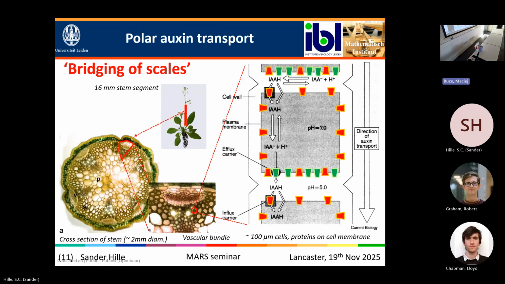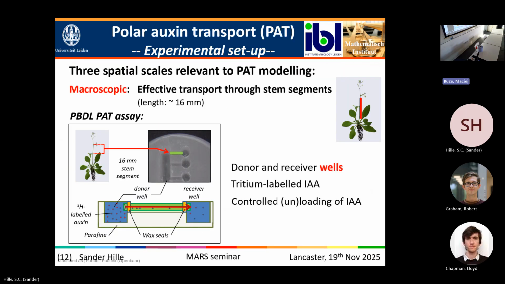But then the whole inflorescence stem is much longer, so for the polar transport, we did measurements on a 60 millimeter long stem segment. So you have a huge spatial scale, and you need to overcome that from a modeling perspective and an analysis and statistical perspective. That is what I will focus on in the talk.